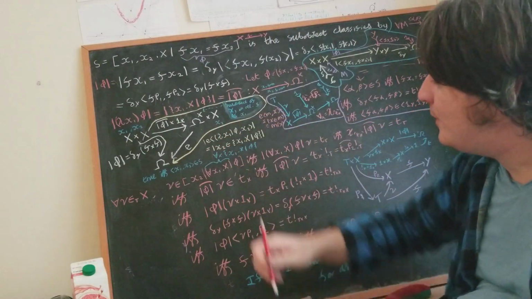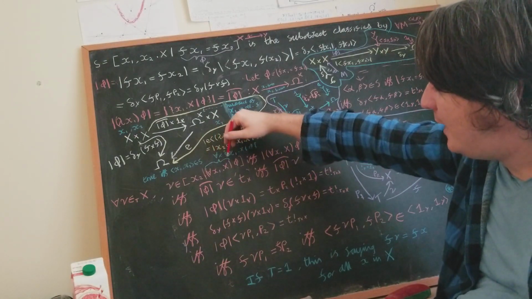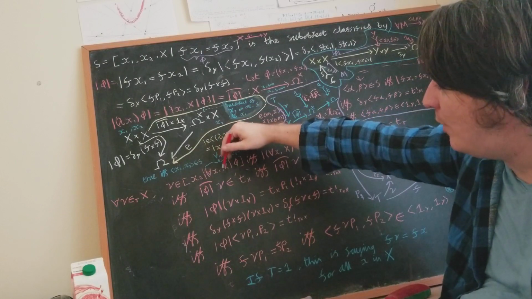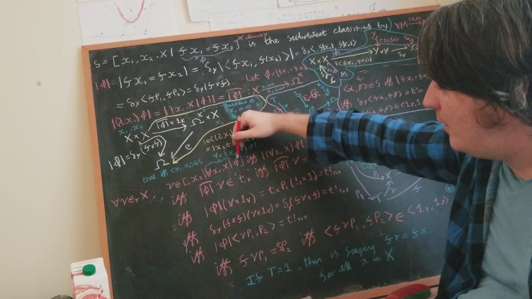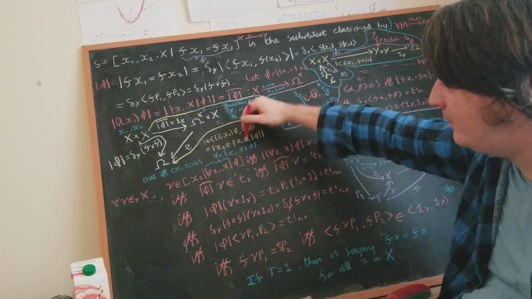Okay. So again, this is a formula, and it says for all x1 in x, for all x1, we have phi. So how can we interpret this?